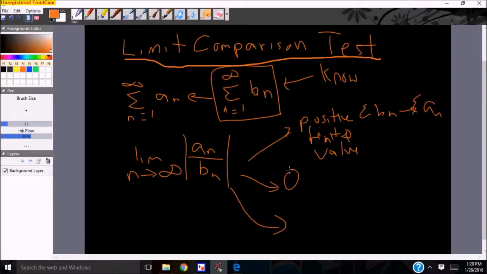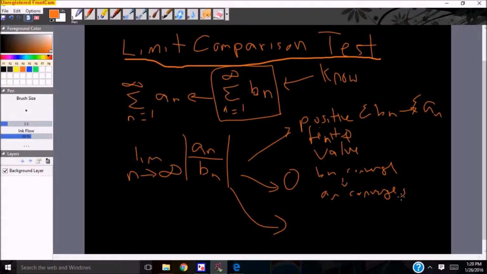If we get 0, then b sub n needs to converge for me to be able to tell anything. If it does, then I can tell that a sub n also converges. If I get 0 and b sub n is a divergent series, then that tells me no information whatsoever.